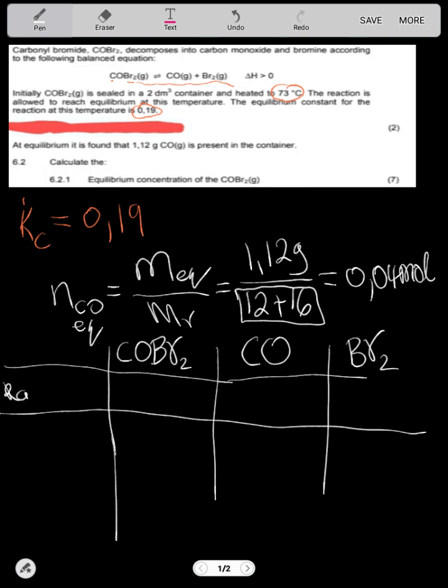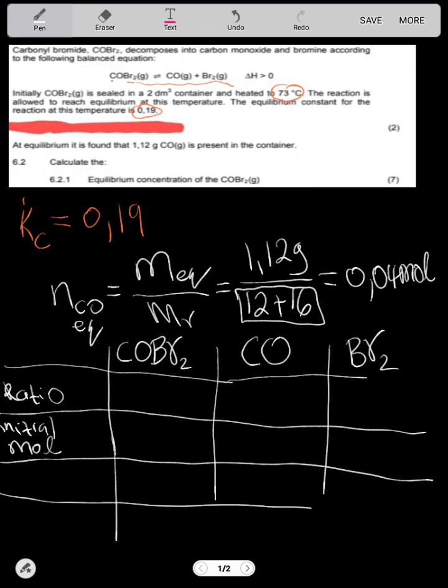Then let's get to the ratio. This will be expressed as our stoichiometric coefficients, this ratio, followed by initial moles, followed by change in moles, and then we're going to have our moles at equilibrium.